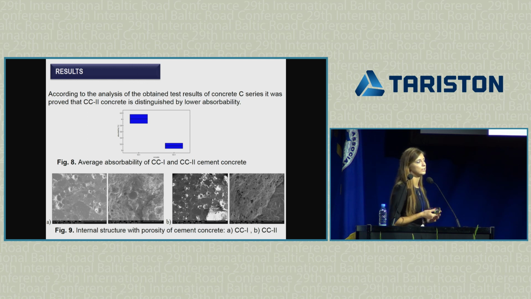Very important for cement concrete intended for airfield pavements is that the distance between the air voids and the size of the air content are smaller. And here we can see the internal structure with small pores, and the distance between them is less than in the CC1 concrete.